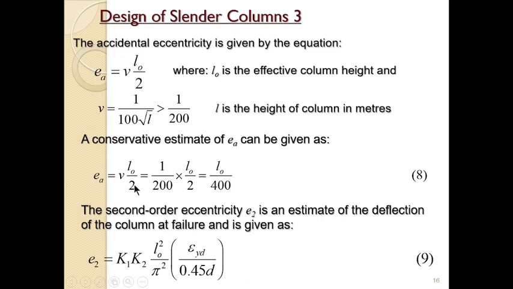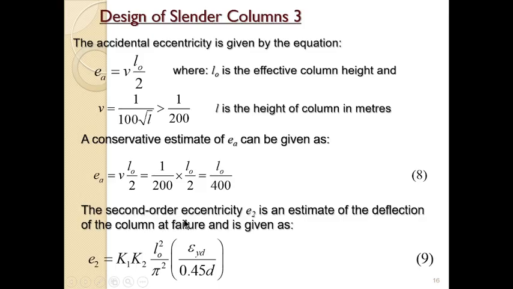As we go into example, you understand that accidental eccentricity can be given by this expression v into l0 over 2, where l0 is the effective column height which we have calculated. Now, v can be calculated by this equation. But remember, v must be greater than 1 over 200. l is the height of the column itself. So a conservative estimate for accidental eccentricity ea can be given as ea equals l0 over 400, which is the simplest way, l0 over 400.